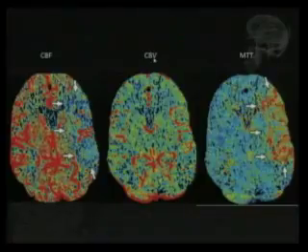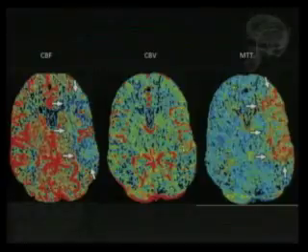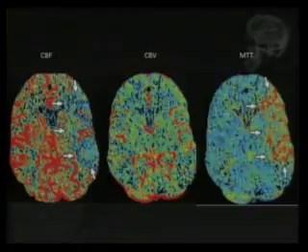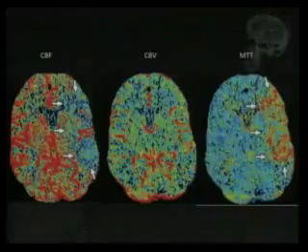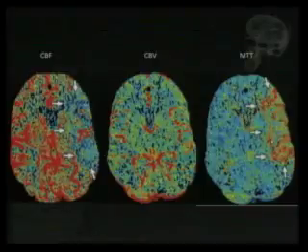If we have good collateral flow, that territory will have its blood volume preserved. And the mean transit time means how long that contrast or that blood takes to go out of that territory. And because this is retrograde flow through collaterals, it takes longer to get out of there.